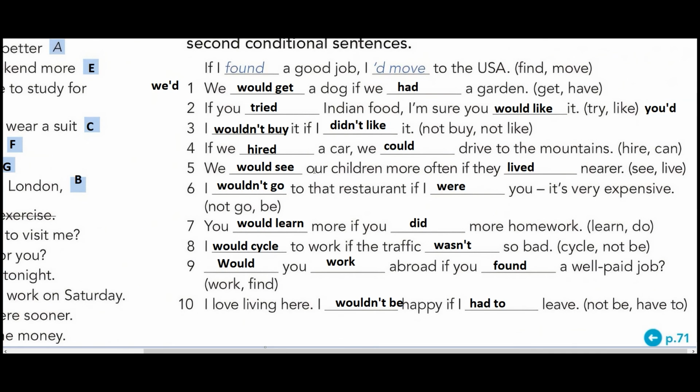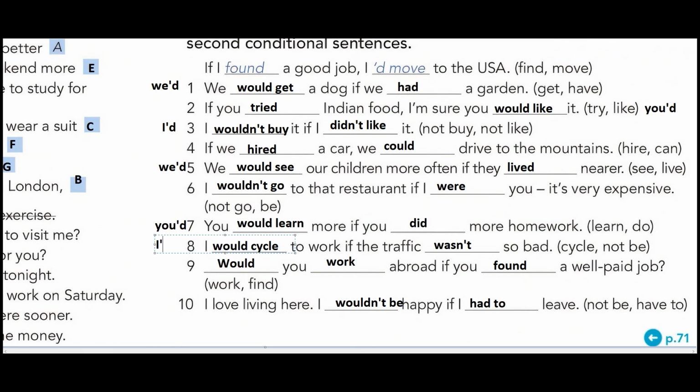Here, I'd buy it. Could can't be contracted, so we leave this word. Number 5, we can contract it like this: we'd see our children more. Next is wouldn't. You'd learn more if you did more homework.